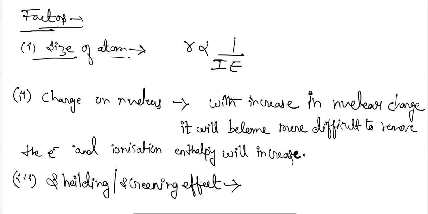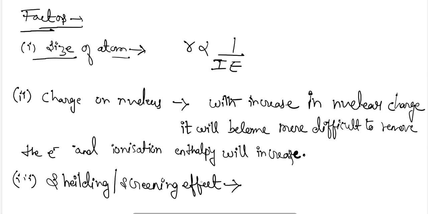Due to this reason, the outermost S and P electrons experience a lesser effective nuclear charge, and hence it is easier to remove those S orbital or P orbital electrons due to the presence of the shielding effect.